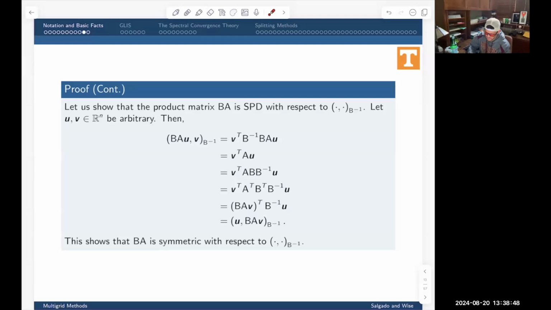Okay, so now let's put this back into our definition. This guy is now, in my definition, going to be the second component. The B inverse goes away because we're using the B inverse inner product. And whatever's transposed is the second.